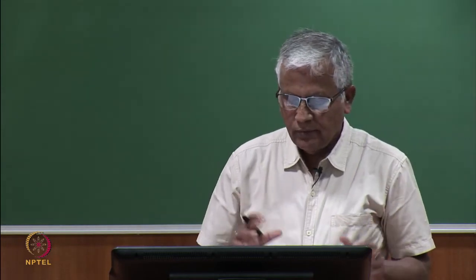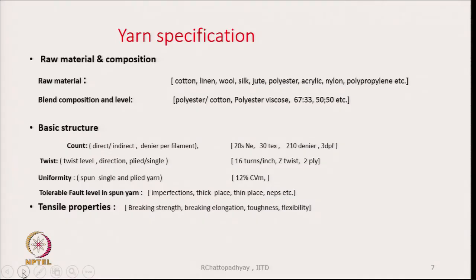The other important aspect is the tensile property, that is breaking strength, breaking elongation, toughness, and in some cases, not always, flexibility. These are the relevant properties also. Then surface integrity, that is abrasion resistance, frictional coefficient or hairiness.